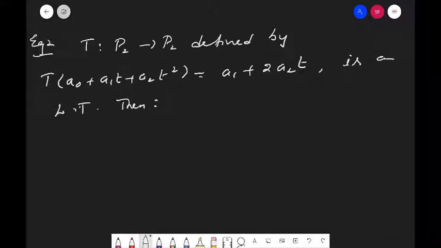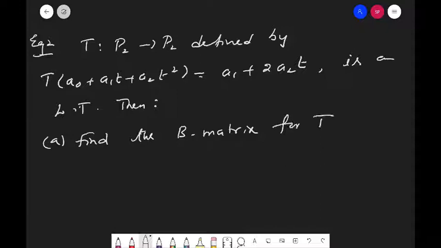First, find the B matrix, that is, the matrix of linear transformation for T with respect to basis B, where B is the set containing 1, t, t squared.